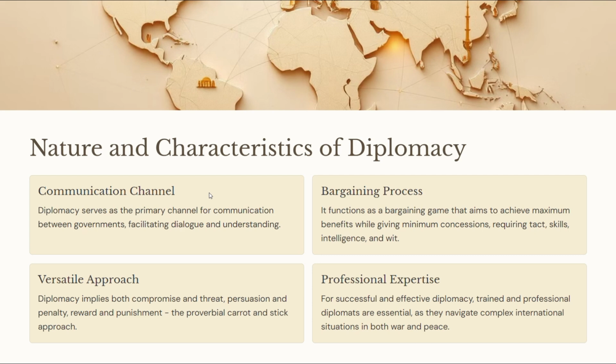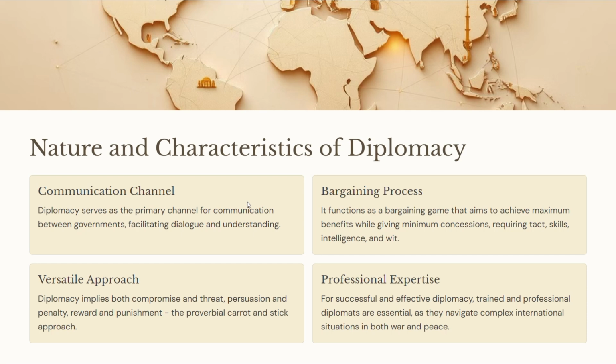The nature and characteristics of diplomacy. Now, diplomacy depends upon communication. If two states are communicating with each other in a friendly manner, that is diplomacy.